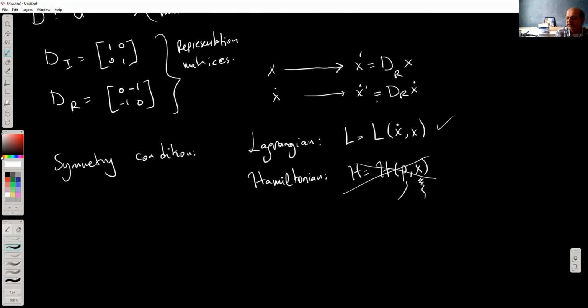It's the same rotation, same representation matrix applied on the velocity vector. As a result, to keep things simple, I'm going to follow the Lagrangian approach. So the symmetry condition says that the Lagrangian doesn't change under rotations. The Lagrangian is invariant. This is the same thing as saying that the dynamics is invariant under symmetry operations.